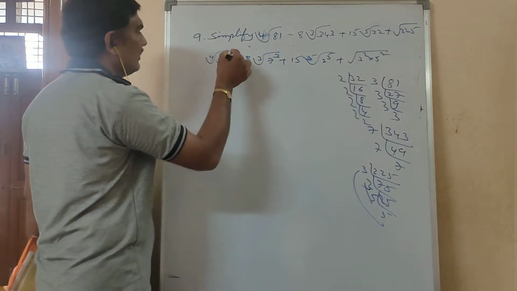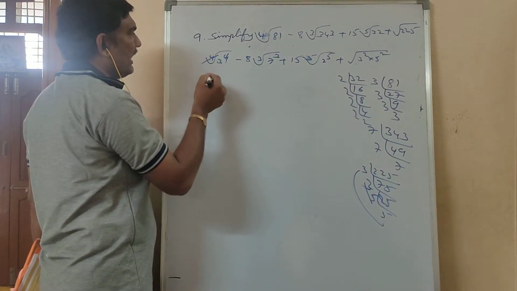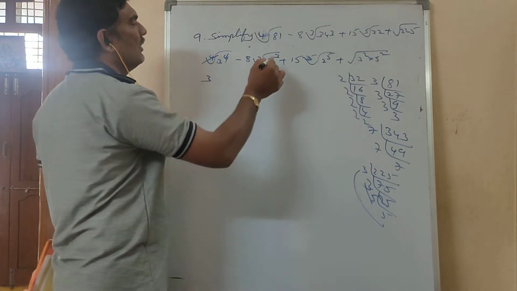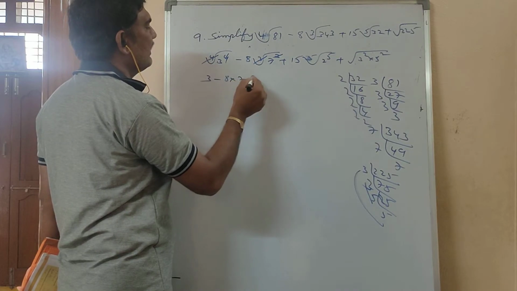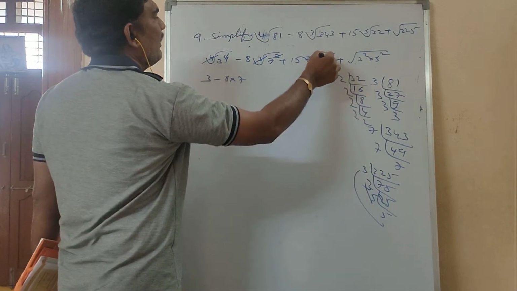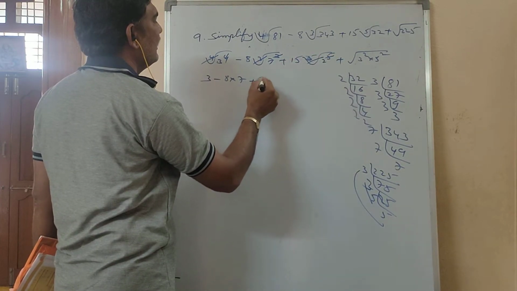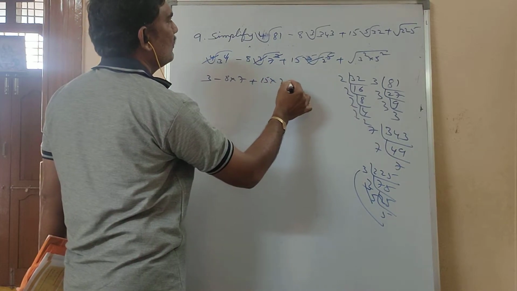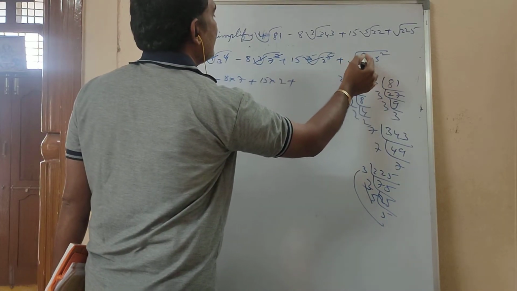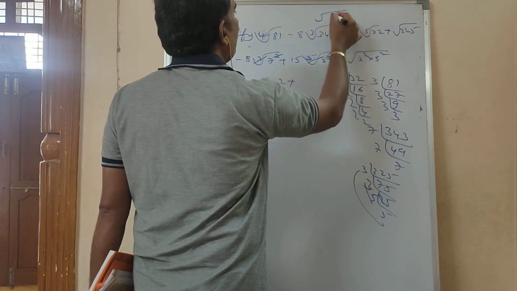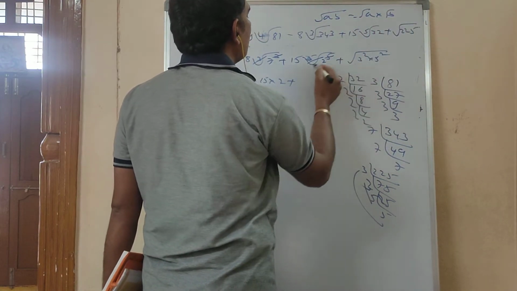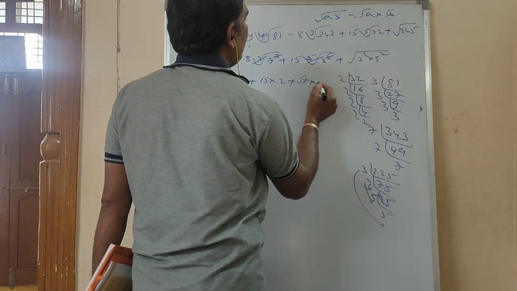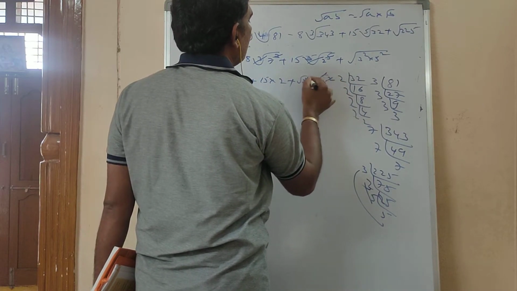Now simplification. Power 4 and fourth root cancel, and 3 remains. 7 cube and cube root cancel, giving 8 into 7. Power 5 and fifth root cancel, giving 15 into 2, plus. Here see it: root AB formula is root A into root B, meaning root 3 square into root 5 square. Square root cancels.